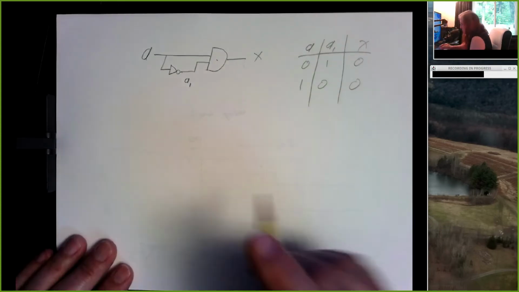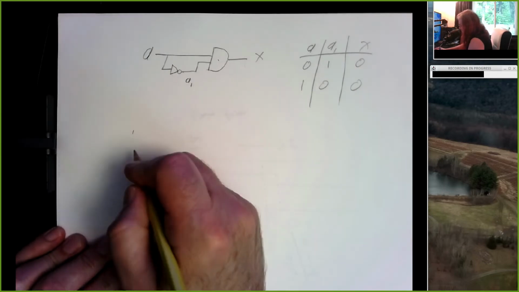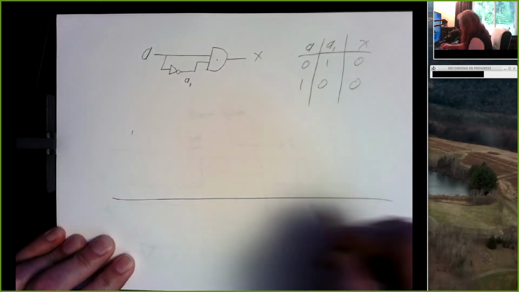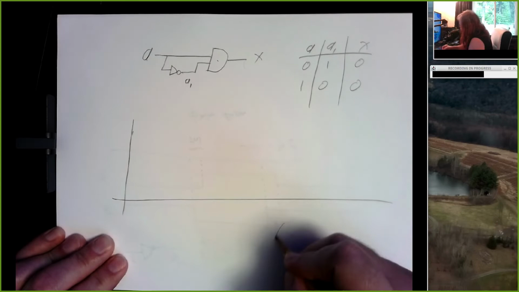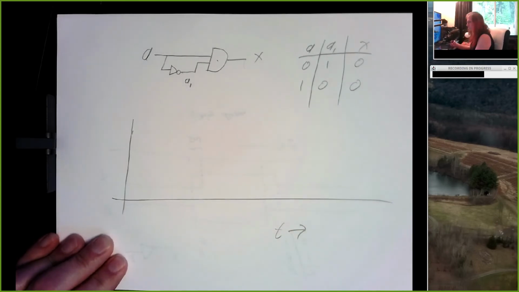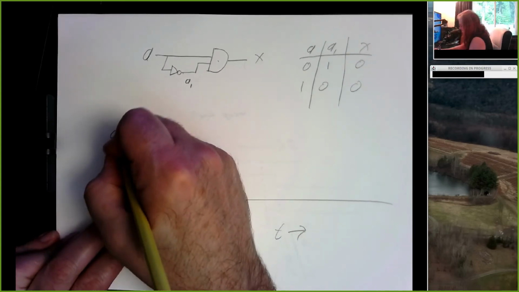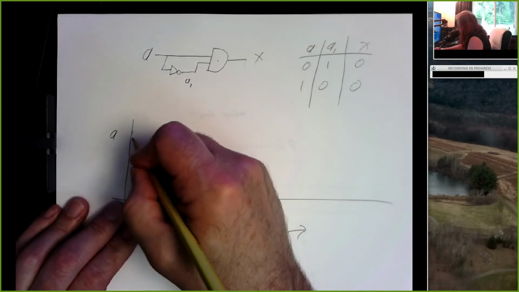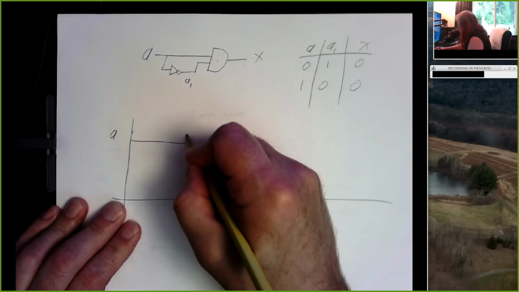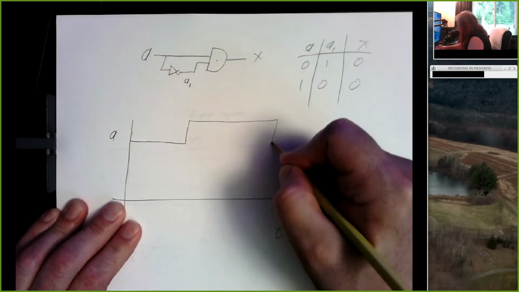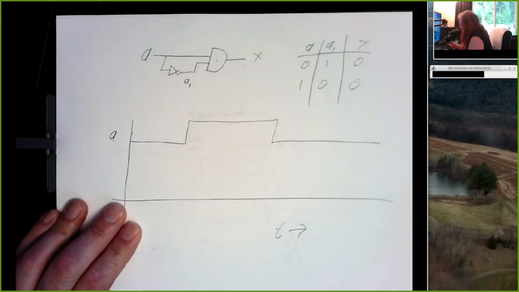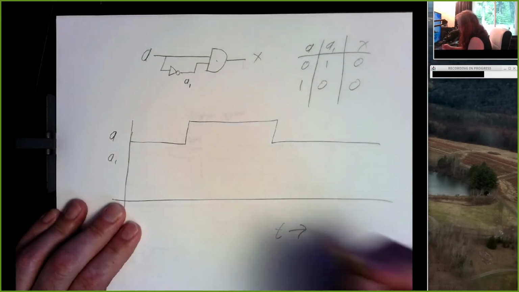But if we draw a timing diagram, so here's time running horizontally. And let's take our input A, and let's start off low and then go high and then go low. So what does A1 look like?